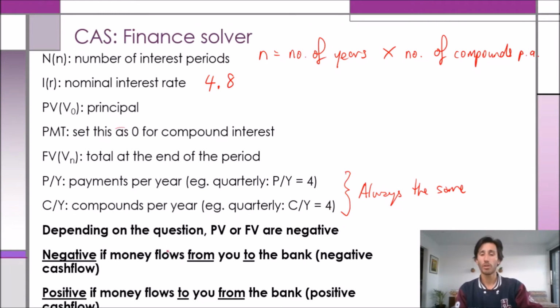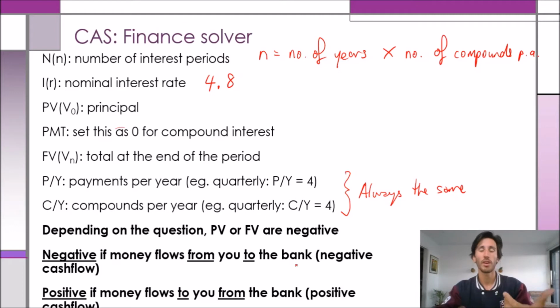Now, depending on the question, present value or future value are negative or positive. If money is flowing from you to the bank or to a lender, then that is called a negative cash flow. If money comes towards you, so that's good, we want money coming towards us, that is a positive cash flow.